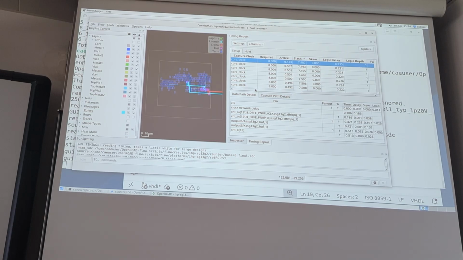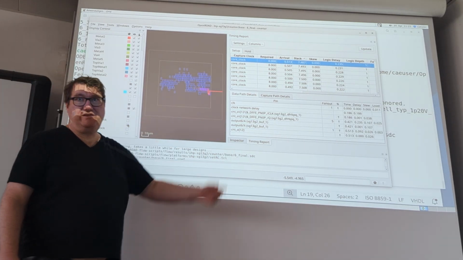Okay, now the critical path has changed. We have a required time of 8, and if we look at the timing path and look at data, this is obviously something going maybe out or in.